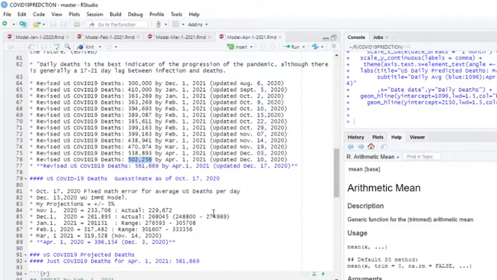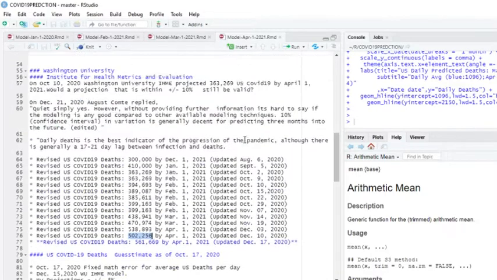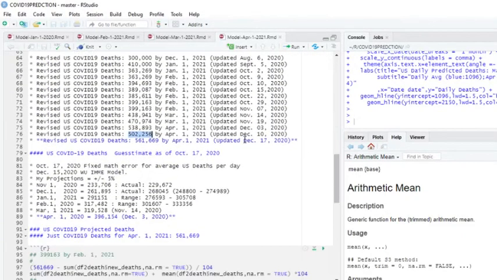And I'll probably go to my number. This number probably already is wrong. 310,000. So we'll see what happens with the next prediction down here, right?